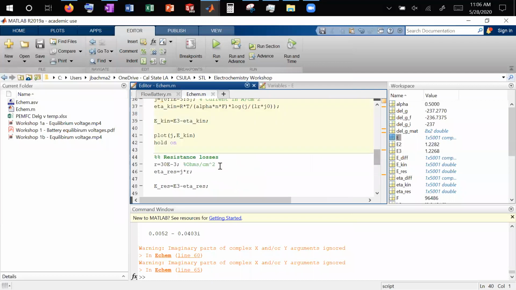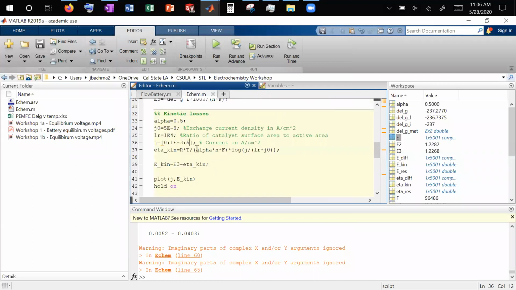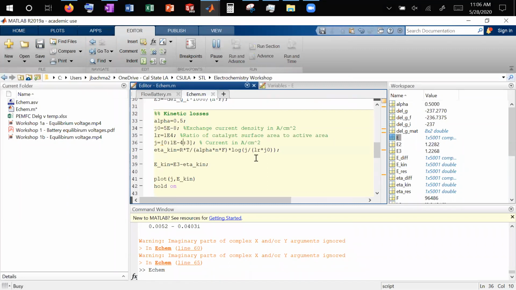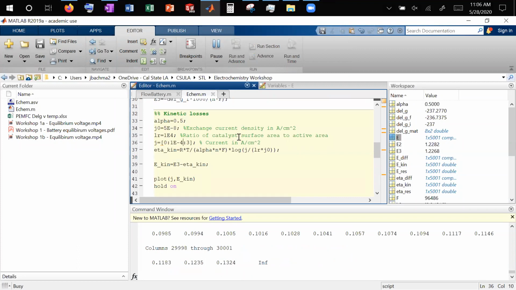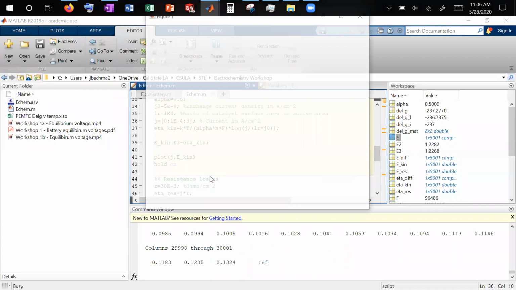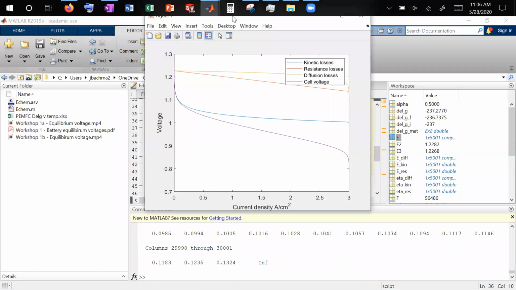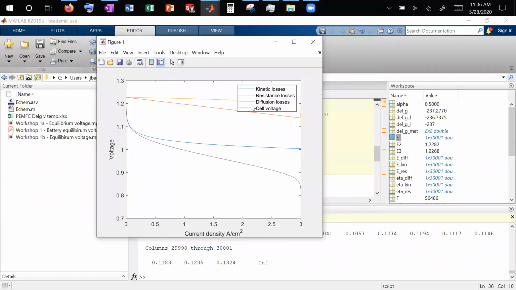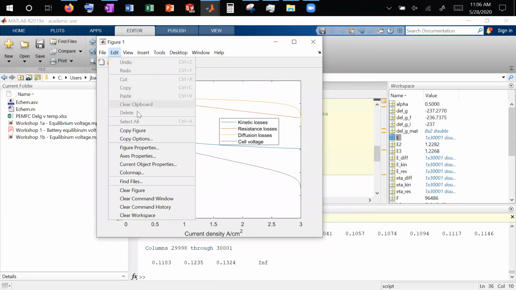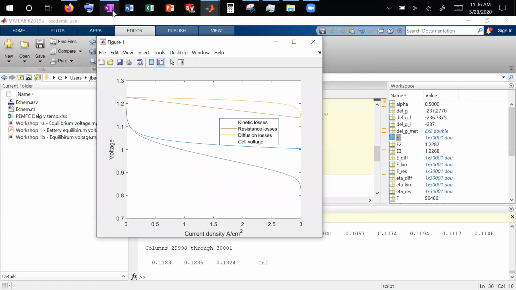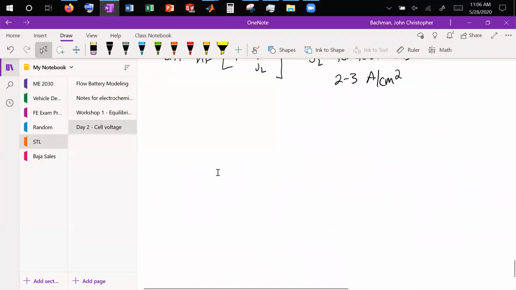I'm just going to run it to 3 so it looks better, and we can make a little higher resolution. Go to 1e-4. Now we can do edit, copy figure, and bring this into our notes.